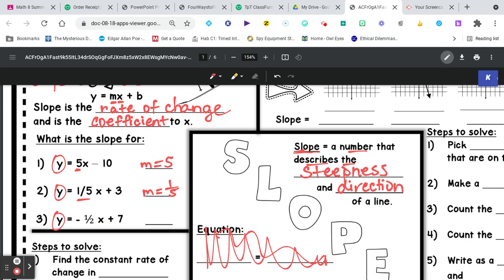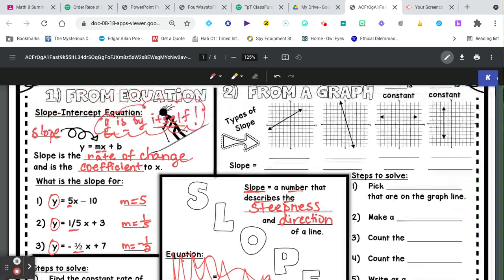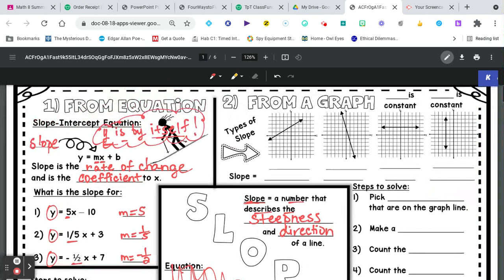On number 3, y is by itself, so you just pick the coefficient of x, and it's your slope. Your slope is -1/2. We're not going to talk about y-intercept or anything like that today. Today is just slope. So it's very easy to see how to find the slope from an equation, all right?